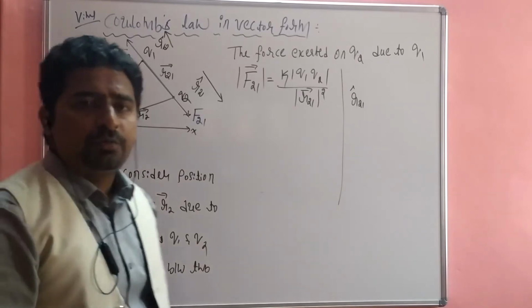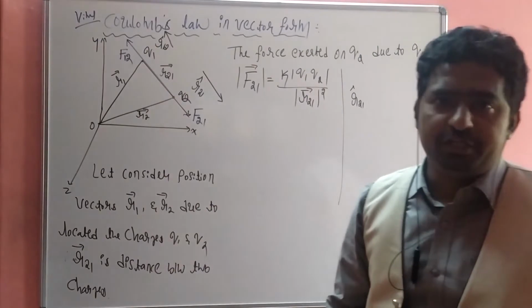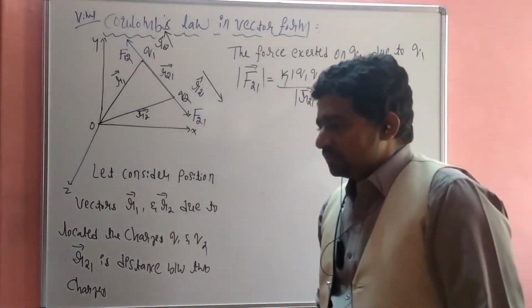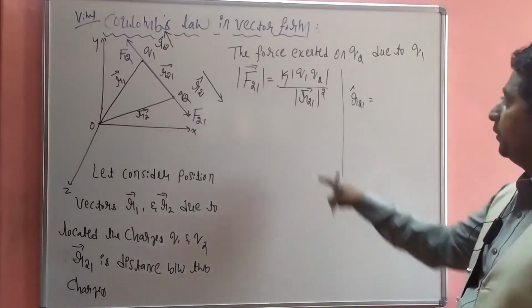You know the unit vector was already defined in the first year, in the motion in a plane topic. So R21 cap is equal to the vector divided by its magnitude.